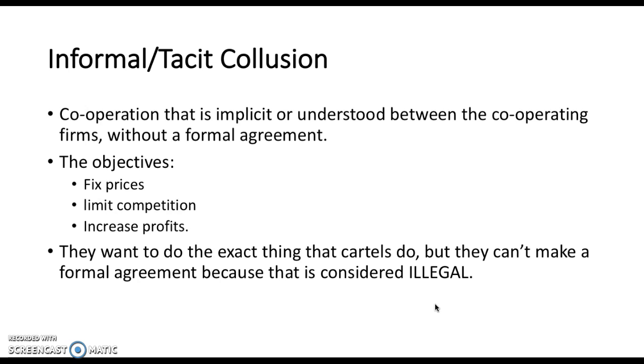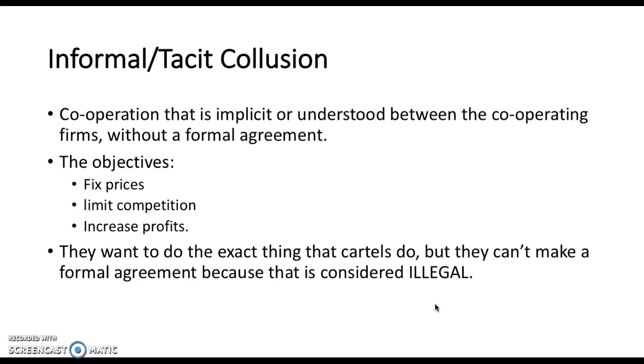Now, the second type we're going to talk about is informal or tacit collusion. We learned that formal collusion is illegal. Actually, collusion is illegal because it's an open agreement, a formal agreement. A lot of companies will get around this by being what's called tacit collusion.